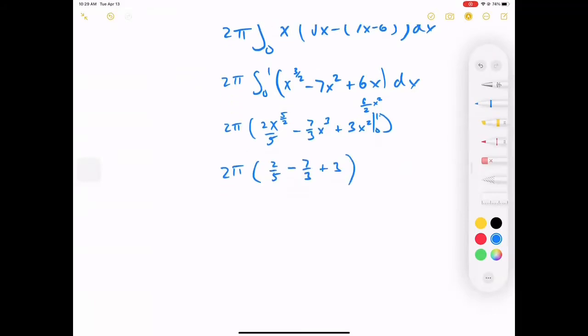This seems like an ugly fraction. The common denominator is 15. So it's going to be 6 minus 35 plus 45 all over 15. Just combine those together. 45 minus 35 is 10, 10 plus 6 is 16 over 15, times 2, which is 32 over 15 pi.